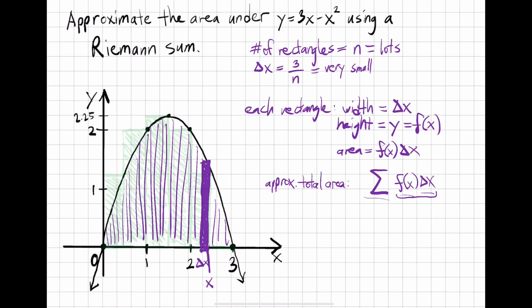How do we improve this answer and get a better and better answer? In fact, how do we get from this to the exact value? Simple. We let our n, our number of rectangles, get bigger and bigger. In fact, let's take the limit as n goes to infinity of the sum of our f of x times delta x, and that is going to be the exact area.